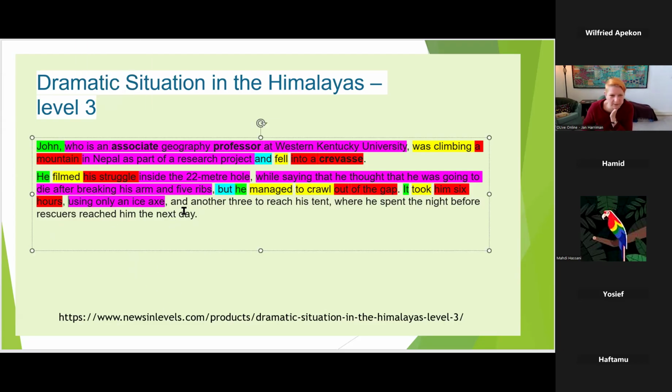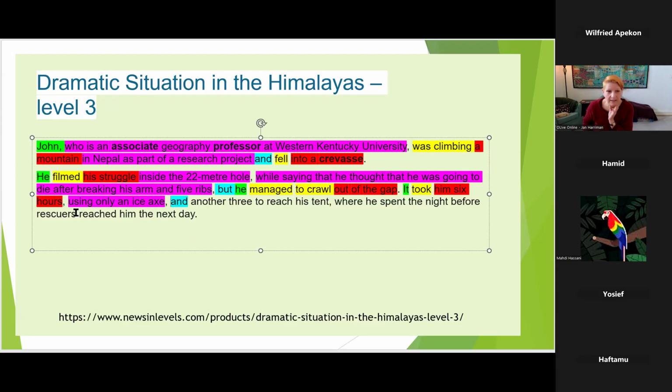What do we have next? What's that magic word next? Additional. Yes, that's a conjunction. Exactly. So if we've got the same subject, we don't always repeat it after a conjunction.